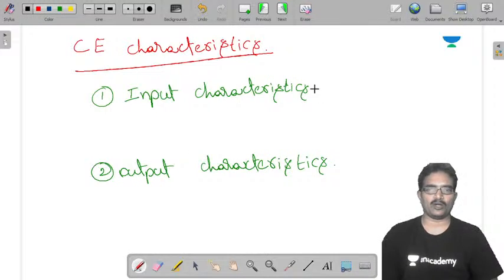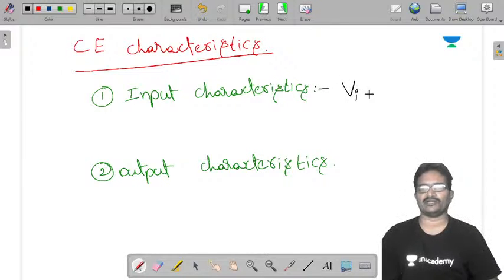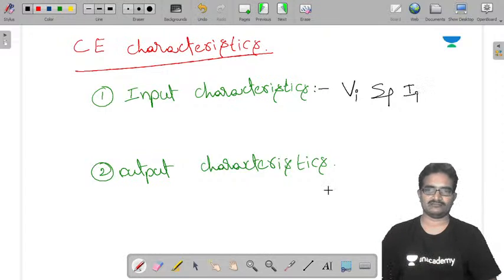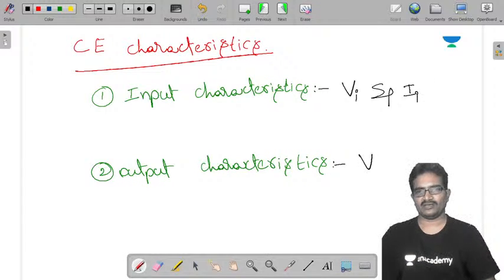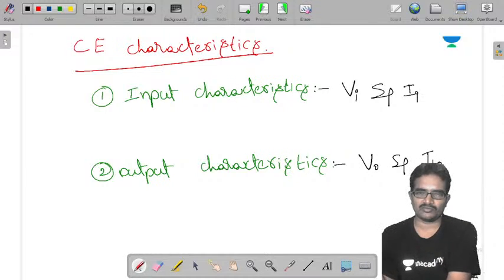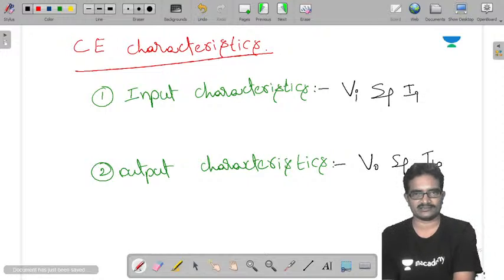Input characteristics is a plot between input voltage and input current, and output characteristics is a plot between output voltage and output current.